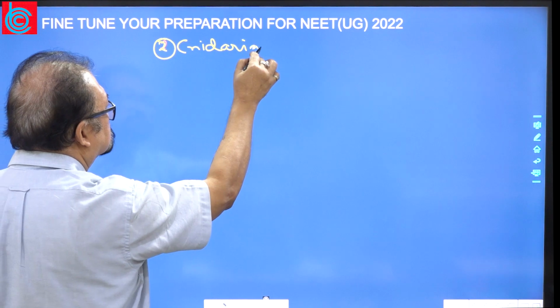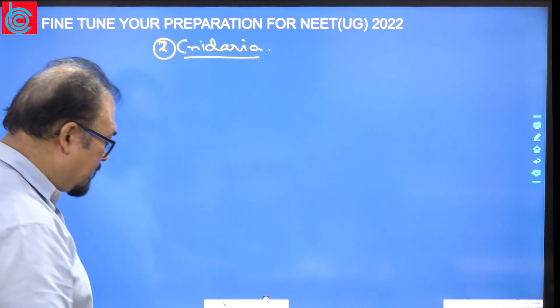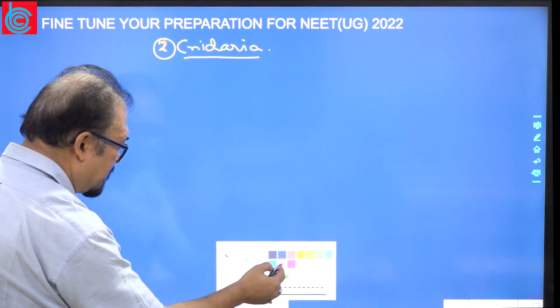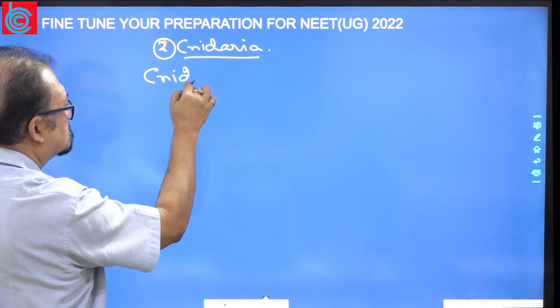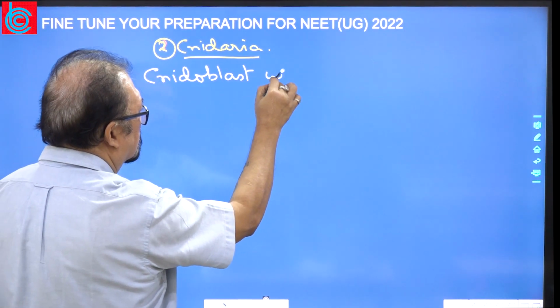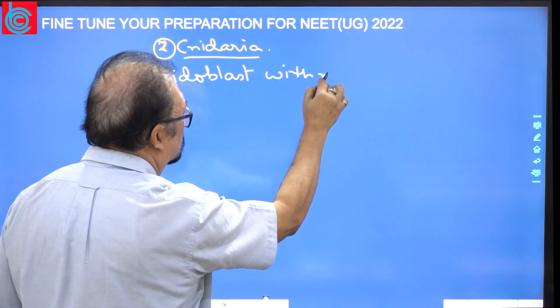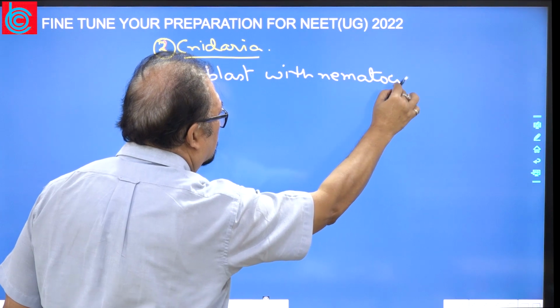Cnidaria. Very important thing of the cell, cnidoblast with nematocyst.